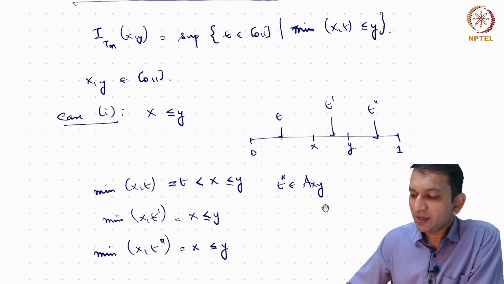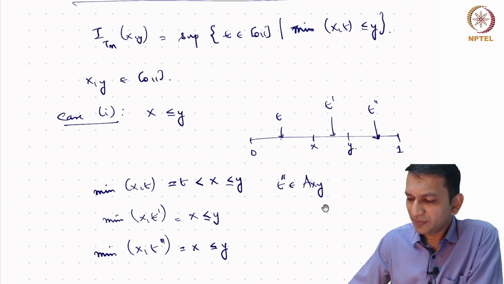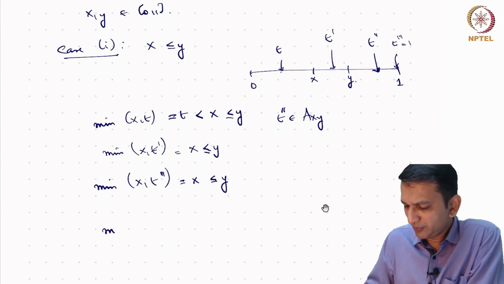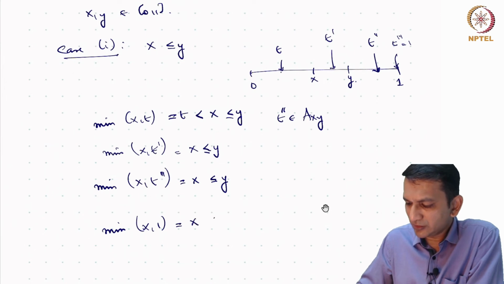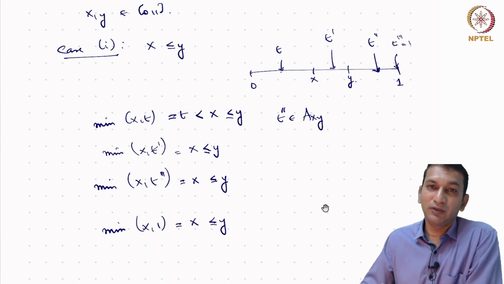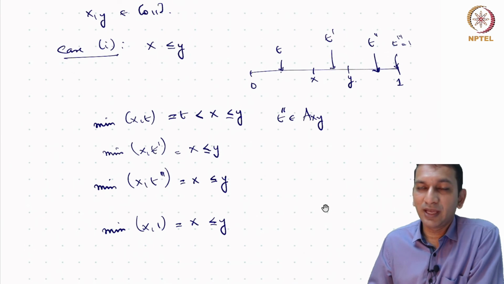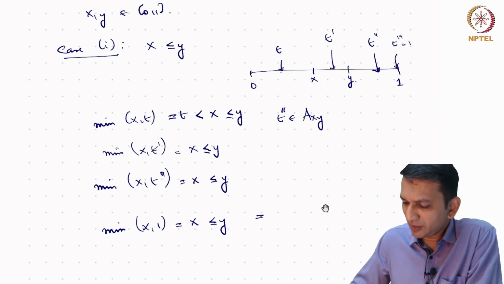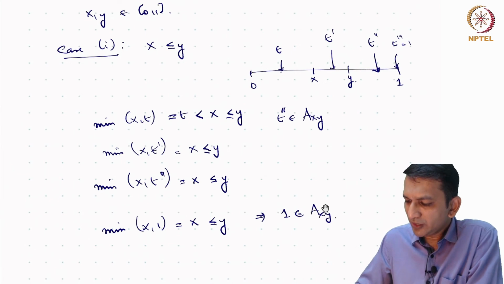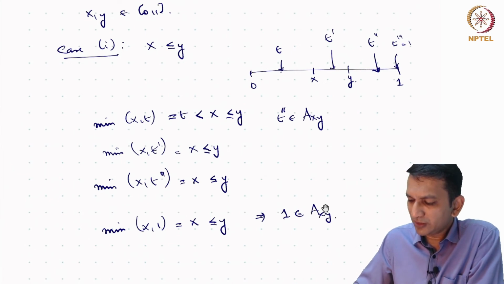Now, how far can we go here is the question. t', we can actually push it till 1. Why? Because minimum of x comma 1 is actually equal to x, and in this case it's always under the assumption that x is less than or equal to y, which means 1 also belongs to A_xy. But we know that if a t belongs to A_xy, then everybody below t also belongs to A_xy.